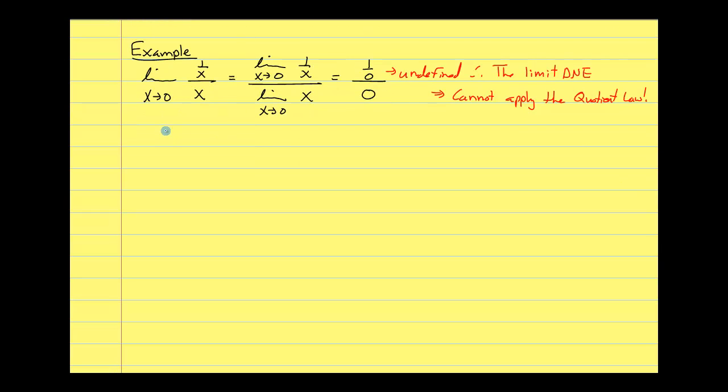So I can look at this algebraically instead. So algebraically, the limit as x approaches 0 of 1 over x all over x. Now algebraically, when we look at this x that's in the denominator, it's really x over 1. So when I divide by this fraction, I actually multiply by the reciprocal.